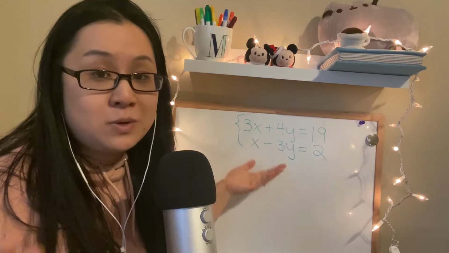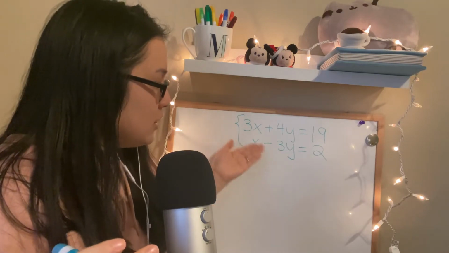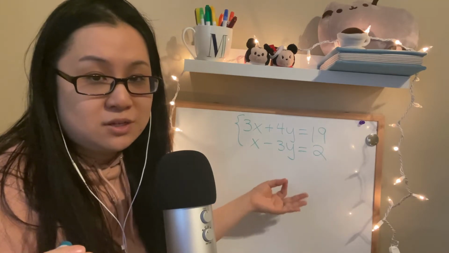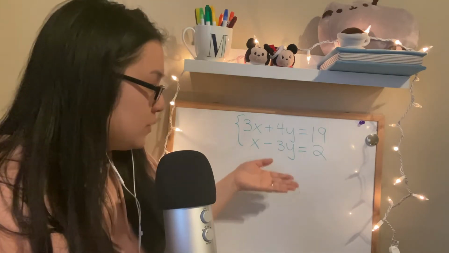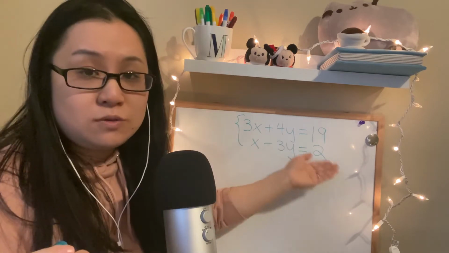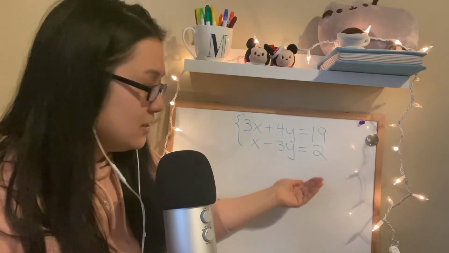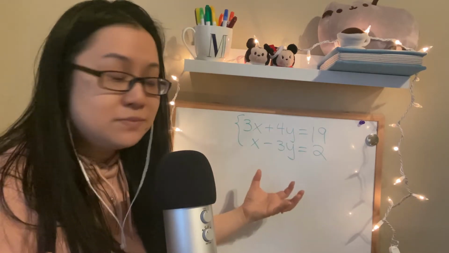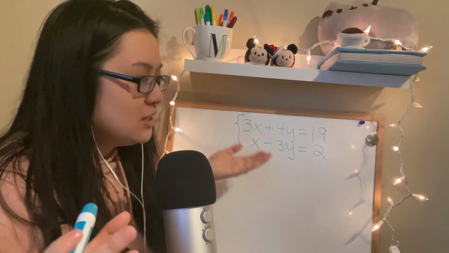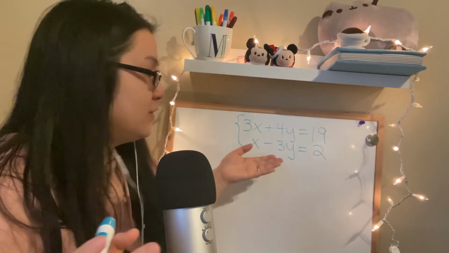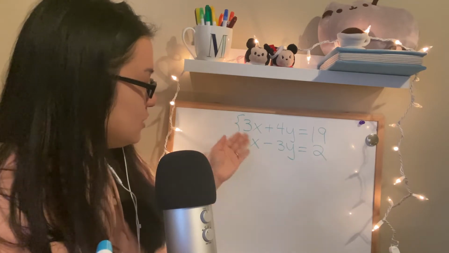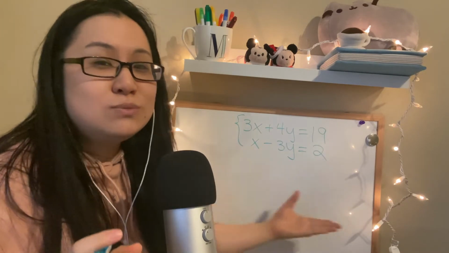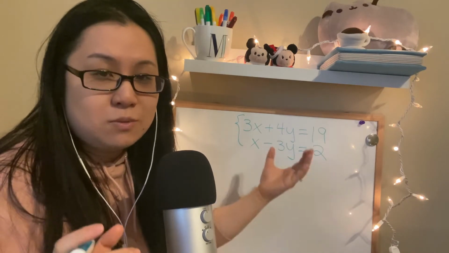So I'm going to take one of the two equations. It does not matter which one, but I'm going to take one of them and solve for one variable in terms of the other. So it does not matter if you want to solve x in terms of y or y in terms of x, but you do that. It's almost like getting an expression of a different variable. So let's say we're solving x in terms of y. I'm rewriting x in terms of stuff that only has to do with y.